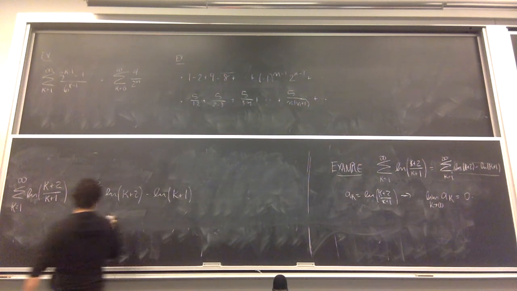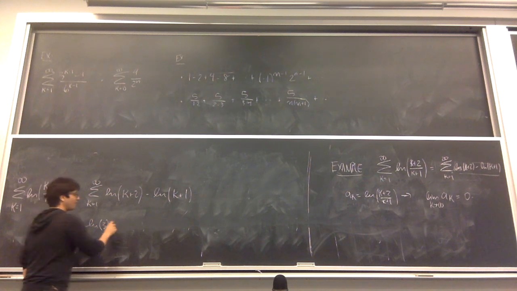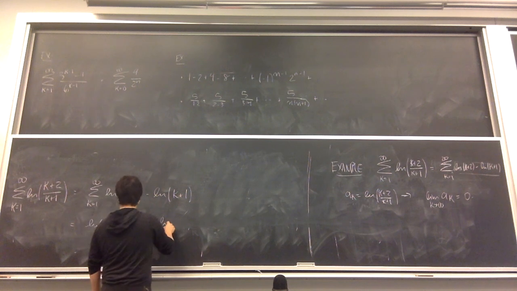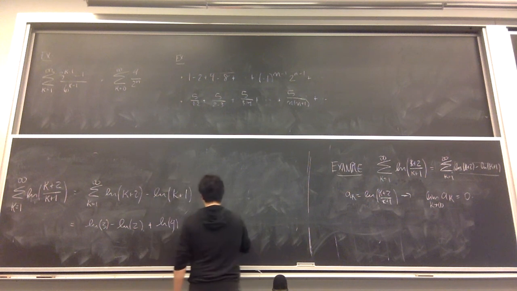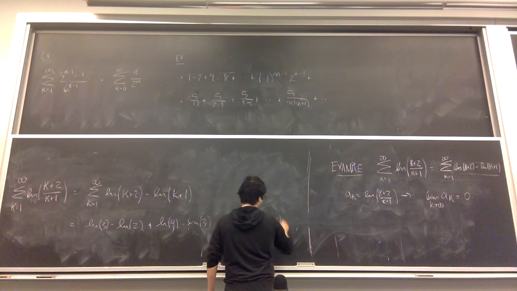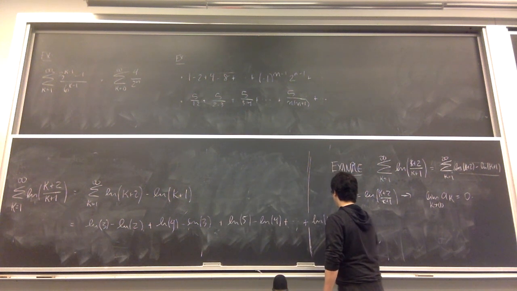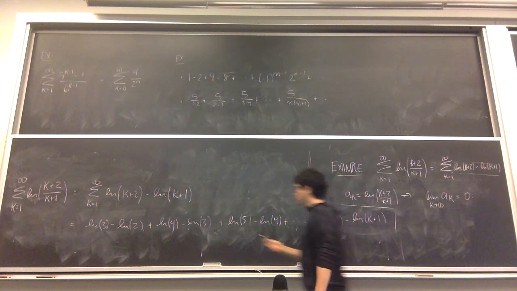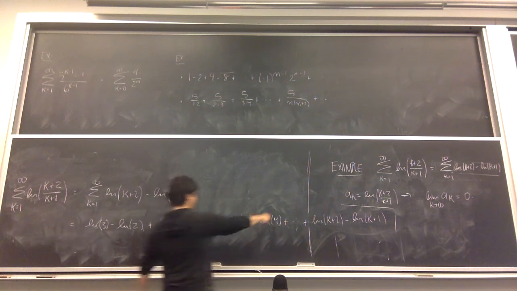I'm going to try again. I don't give up. Okay, so we get ln 3 minus ln 2, plus ln 4 minus ln 3, plus ln 5 minus ln 4, and then a bunch of stuff, plus ln of (k+2) minus ln of (k+1). What cancellations do we get? ln 3, ln 3, ln 4, ln 4.